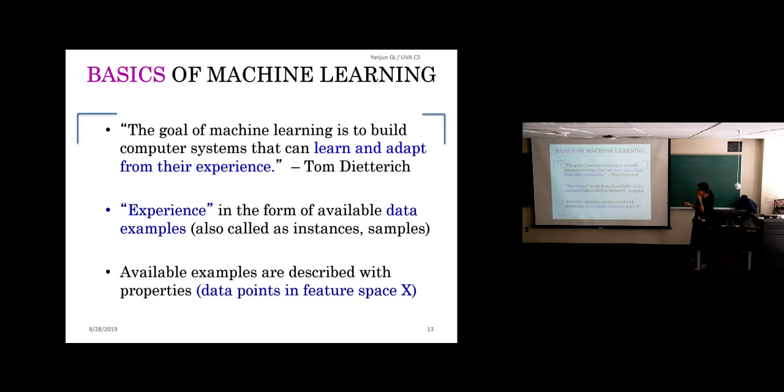And in the majority of cases, the past history or experience is in the form of available data examples. We're going to show an example on the next page. The available examples are mostly described by some properties, as data points in a feature space.